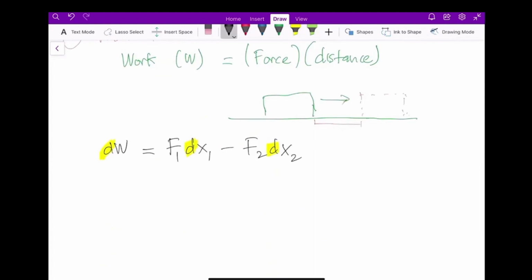So the next step is we want to expand this equation. Earlier, I wrote that force is basically equal to pressure multiplied by surface area. That's why we can do the same thing: we can expand the force that appears in the first and second terms on the right-hand side.